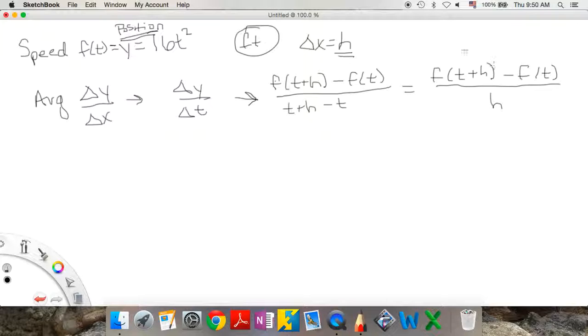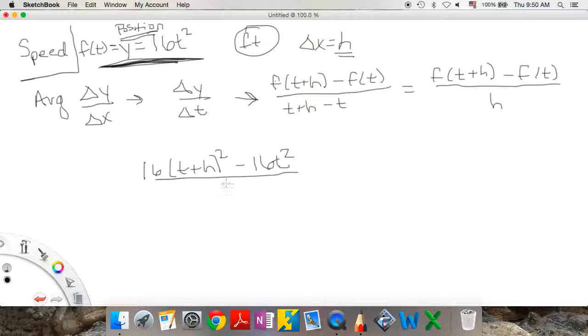So this gives you your average speed. If you have this position function here, this will give you your average speed. And your instantaneous speed, of course, would be the limit as h goes to 0. So if we plugged this in, we would have 16 times t plus h squared minus 16 t squared all over h.